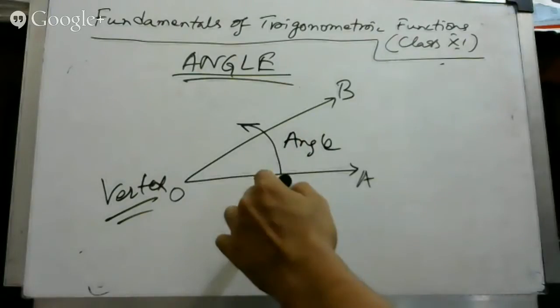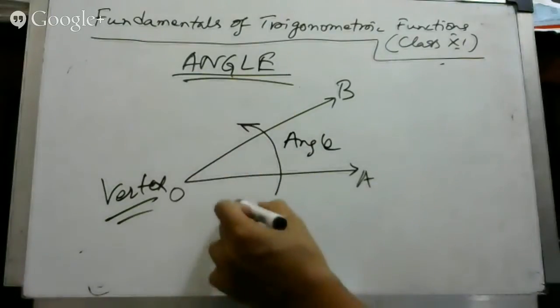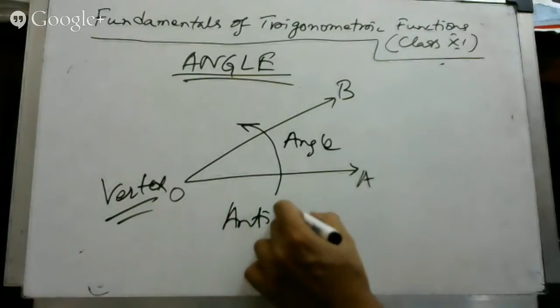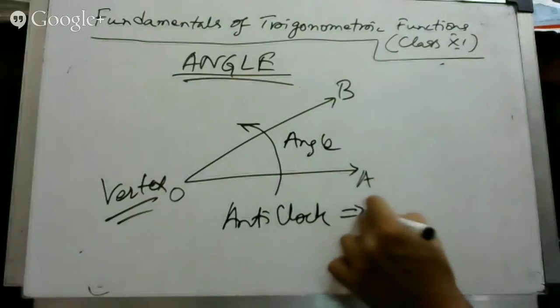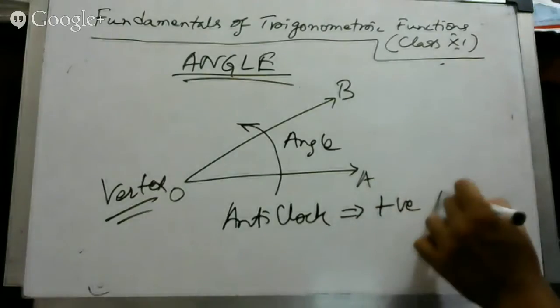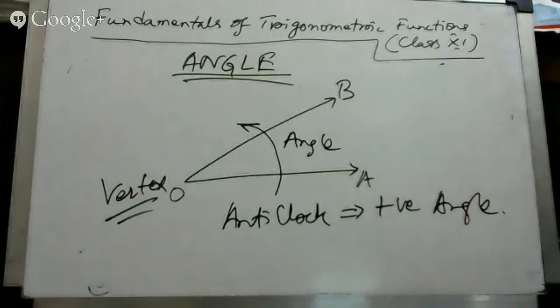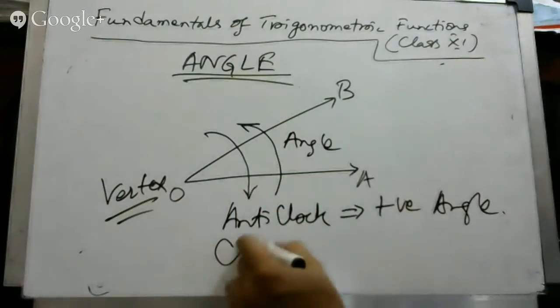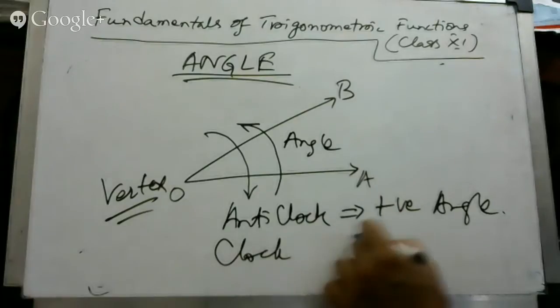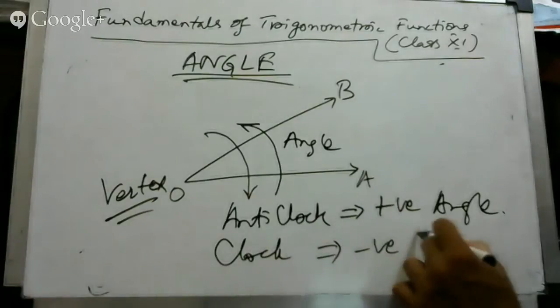Whenever it moves in the anti-clockwise direction, it is called a positive angle. Whenever it moves in the reverse direction, which is the clockwise direction, we call it a negative angle.